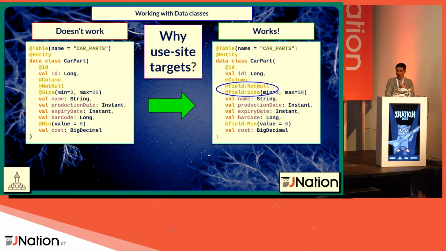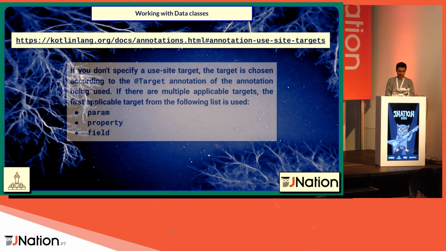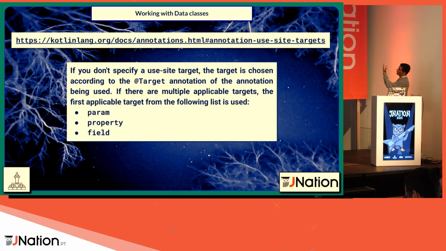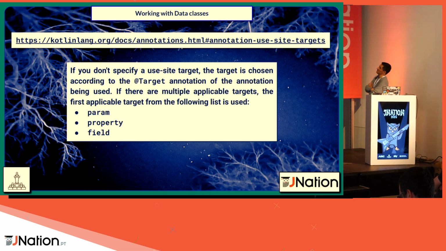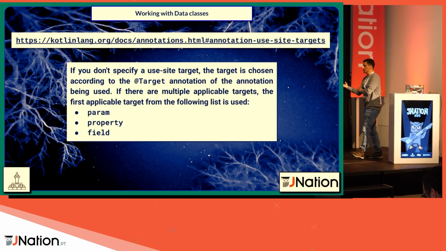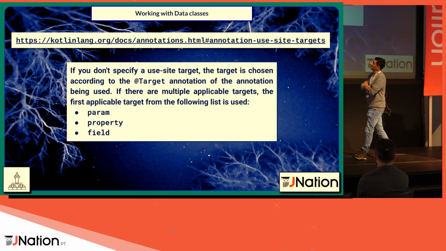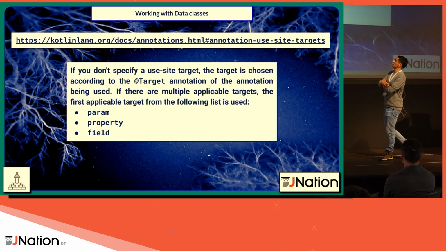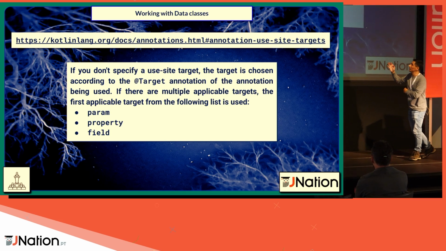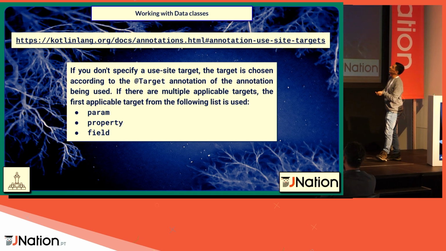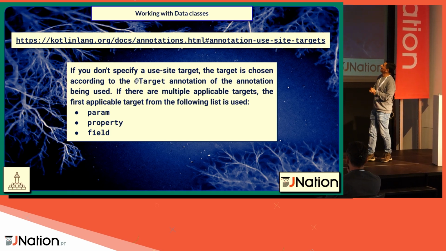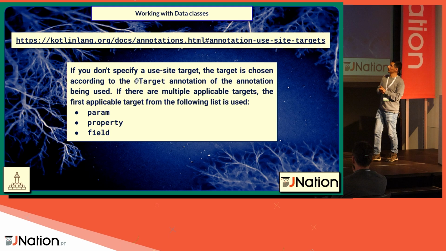So what is behind all of this is that we simply missed the rules of annotation use-site targets that are in the Kotlin documentation. And I don't know if it's not that easy to find or what actually happened, but I see this also happen in other cases with other colleagues.